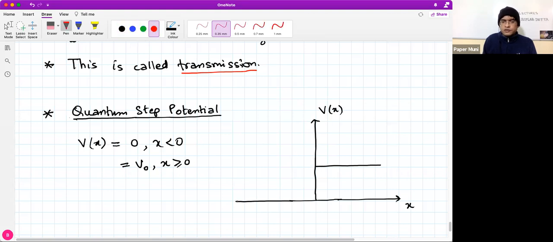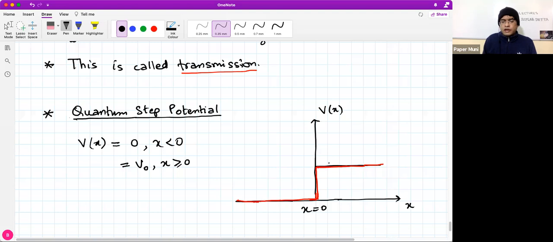This is the potential which we have here. Now this is x equal to 0.